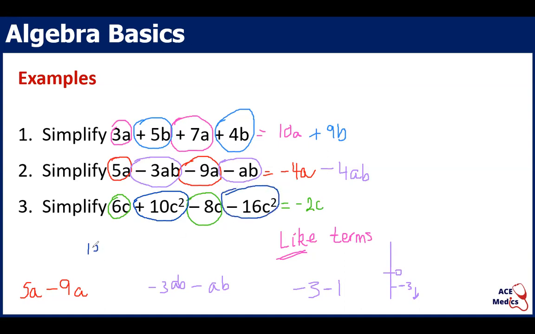So 10, we're doing 10 minus 16. And 10 minus 16 is minus 6c squared. Does that make sense to everyone? Yeah. Yeah, that makes sense now.